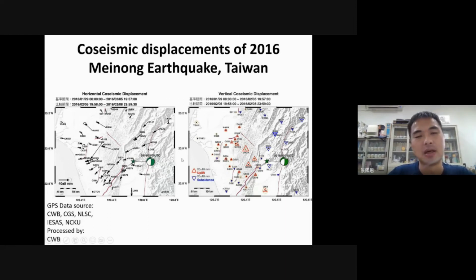So first, once the earthquake occurs, we always could calculate the co-seismic displacement of the earthquake. So here shows the horizontal displacement and here shows the vertical displacement.